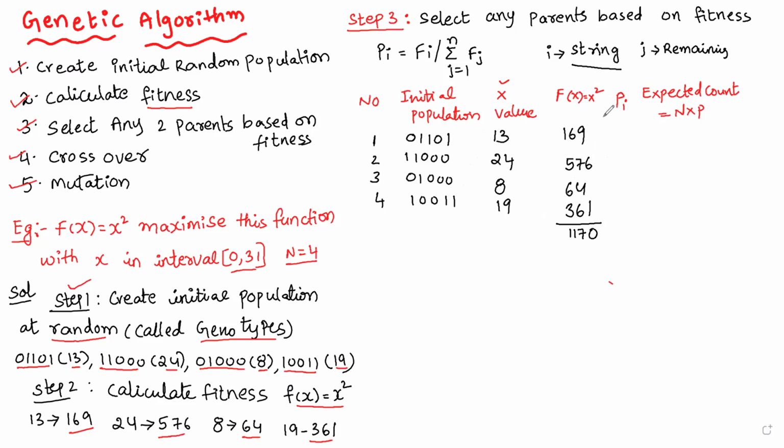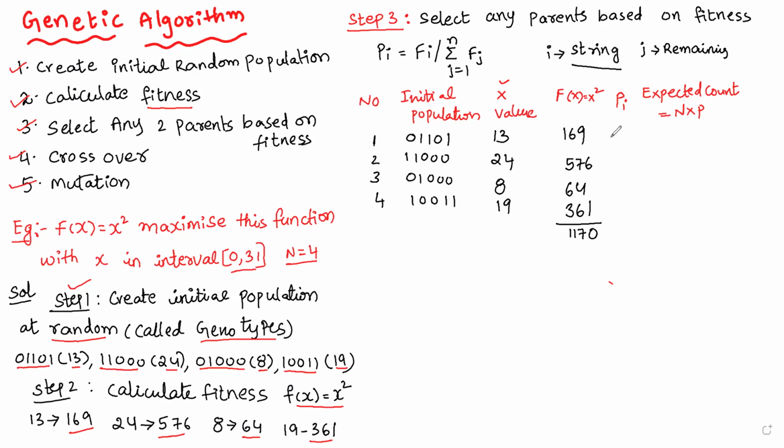Now we'll calculate the pi. So how to calculate this pi? We have the formula f of i by sigma of j equal to 1 to n. So simply you do 1170 divided by 169, 1170 divided by 576, 1170 divided by 64, 1170 divided by 361.